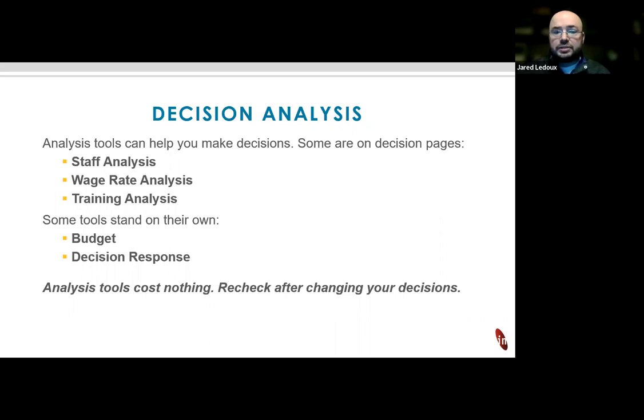So always check this. I would recommend, after you've made decisions and you've advanced to the following quarter, check these analytics first and see how your decisions played out, and that'll help you with making future decisions as well.